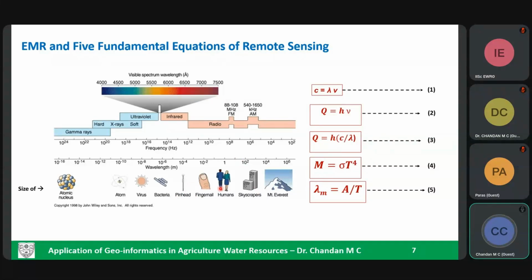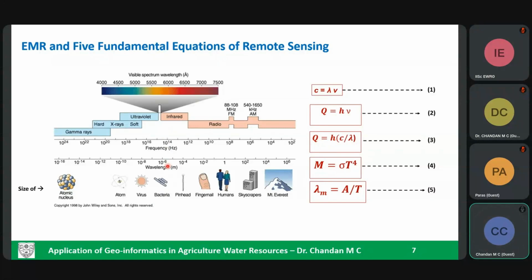And here you can compare the wavelength with respect to the actual real-time size. When we speak about gamma rays or X-rays, we are speaking about the atomic nucleus size, or a proton, electron, or atom size, which cannot be seen with the naked eye. Our naked eye can see only in the visible spectrum. That is why we perceive the colors starting from blue to red.